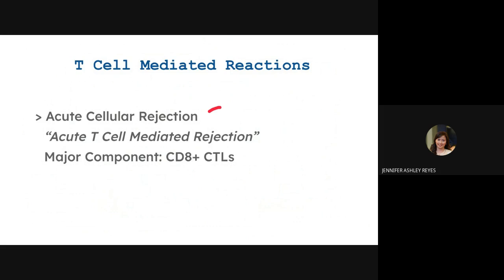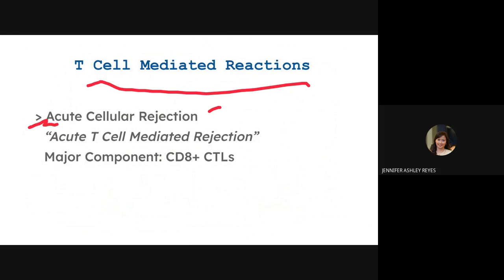So in the T cell mediated reaction, there is acute cellular rejection, also termed acute T-cell mediated rejection. This is most commonly seen within the initial months after transplantation and is shown as clinical and biochemical signs of organ failure.